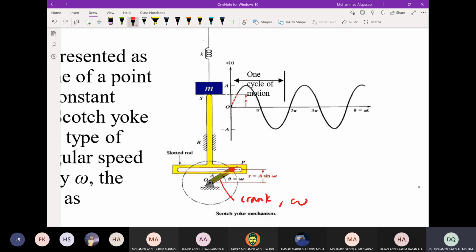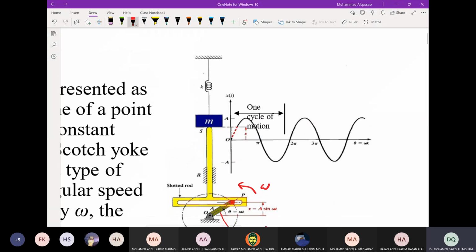This is a pin and the rod is slotted so that the pin can move in the slot and force the rod to oscillate up and down. So you can say that the crank is rotating in this direction with omega and causes oscillation of the rod, reciprocating motion.